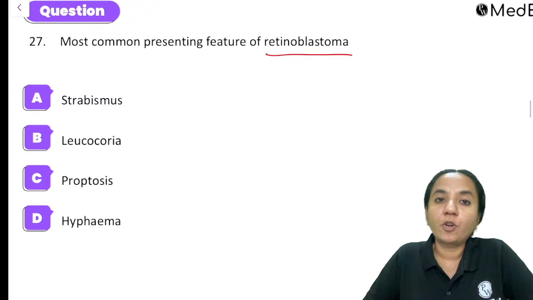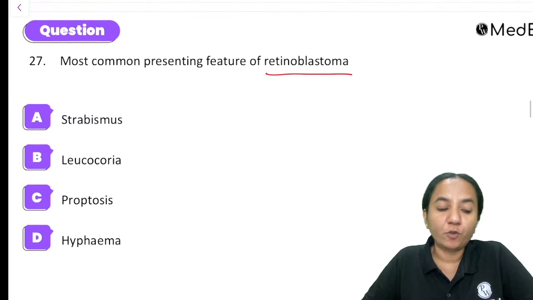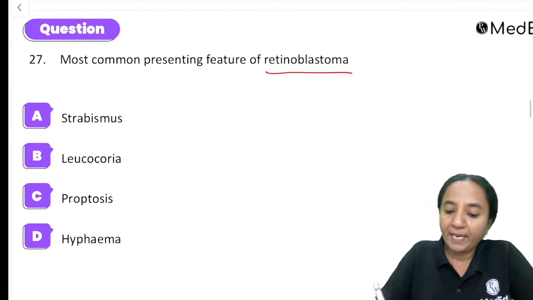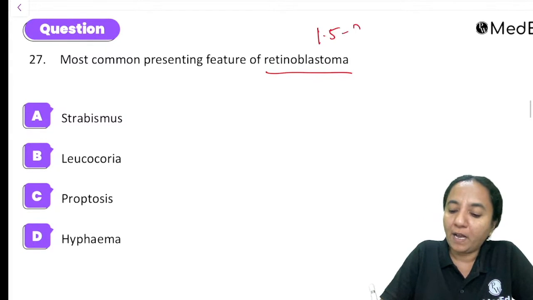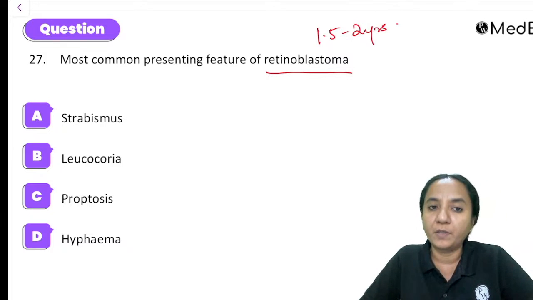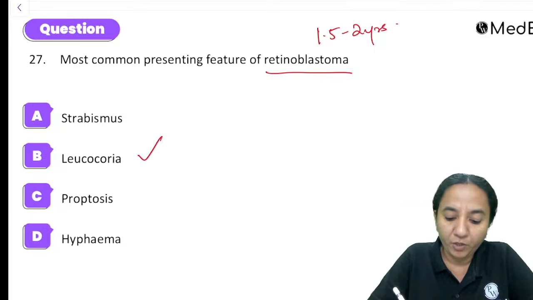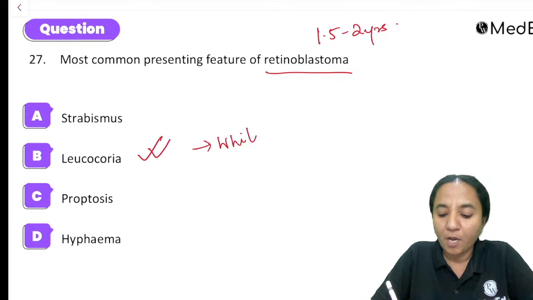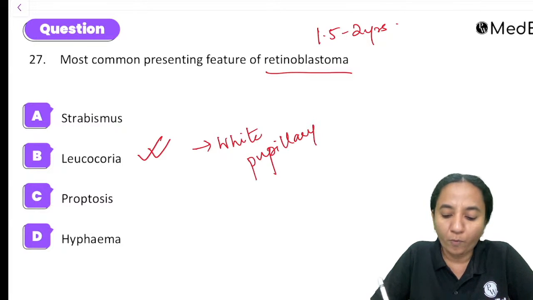It is seen in children between 1.5 to 2 years of age, and the most common presenting feature is leukocoria. What is leukocoria? Leukocoria means white pupillary reflex.